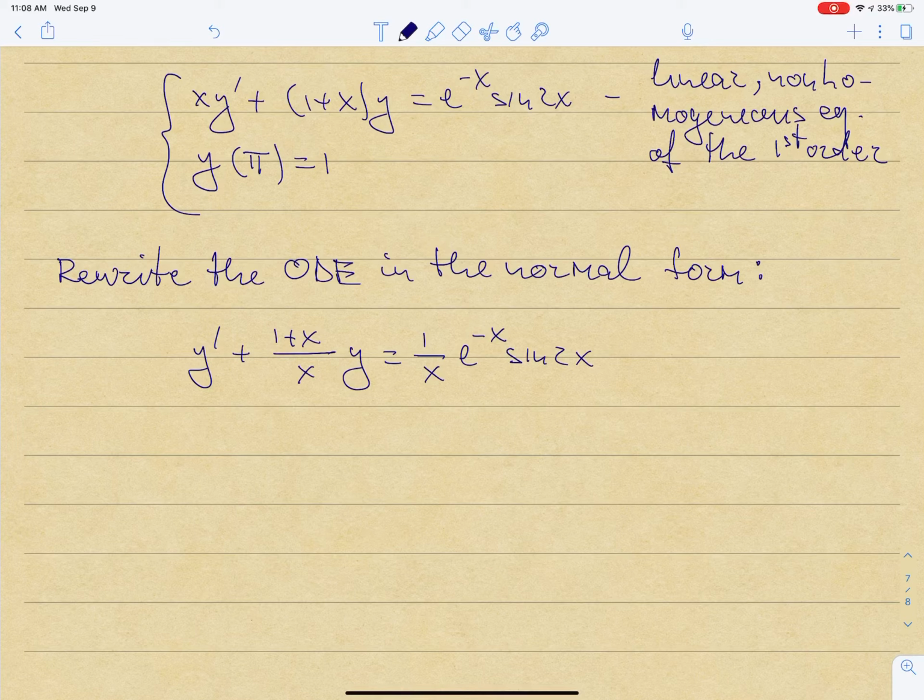All right, so that's our ODE in the normal form. So then the integrating factor, mu of x, is e to the power integral of p of x, which is the function of x in front of y. So that is the integral of (1 plus x) over x dx.